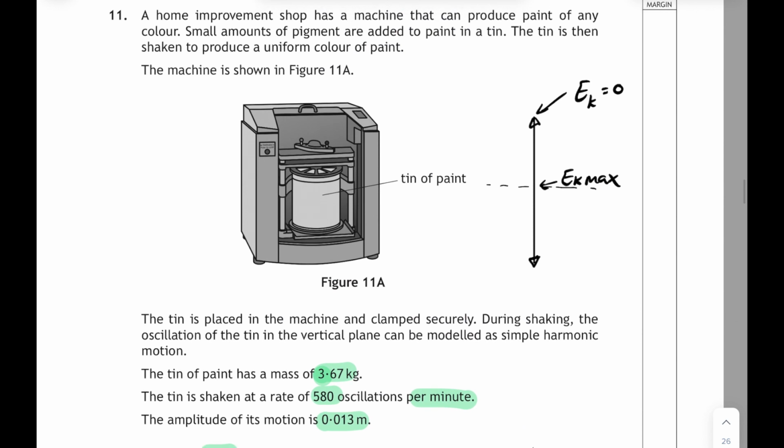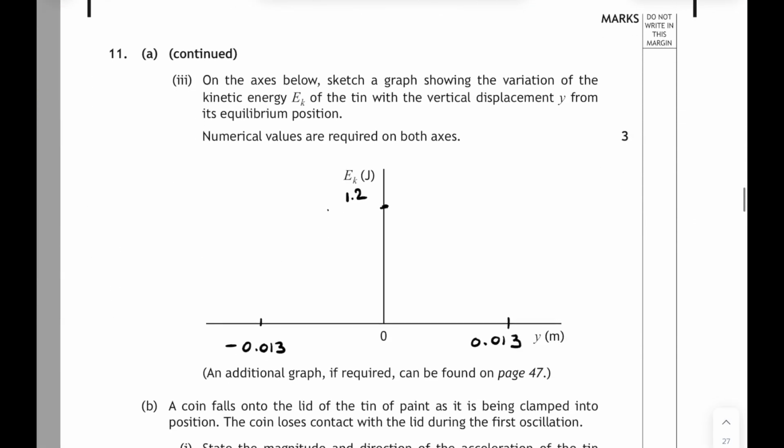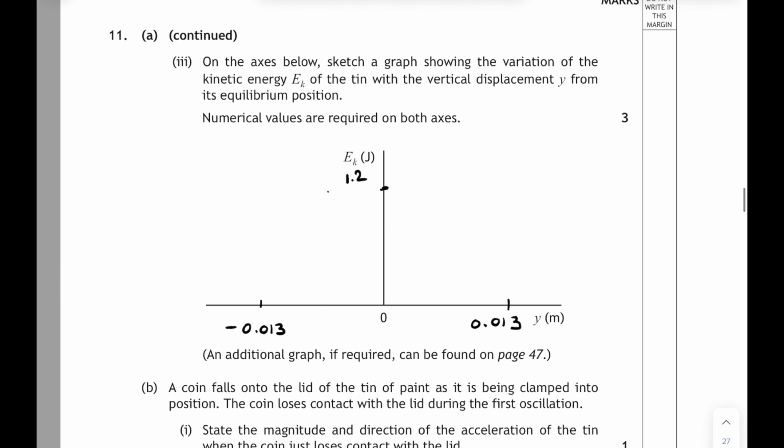If we look back at our little diagram there, the maximum kinetic energy is in the middle, and the kinetic energy is going to be 0 at both extremes, at the very top and at the very bottom of its motion. So at plus 0.013 and negative 0.013. So we go from 0 kinetic energy up to 1.2, and then from 1.2 back down to 0 when it reaches a positive displacement of 0.013.